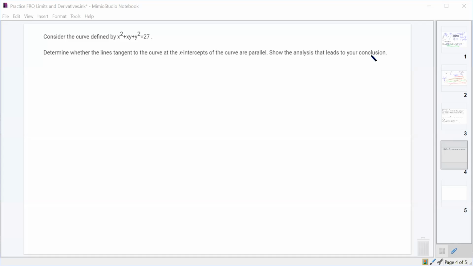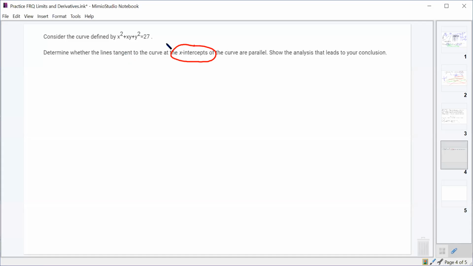So let's think about what we need to do here. First off, we're looking at tangent lines. So that means we need to find a derivative. And we also need to look at tangent lines at the x-intercepts. So first thing we might need to do then is just figure out what are the x-intercepts and how do you find the x-intercept of any equation.